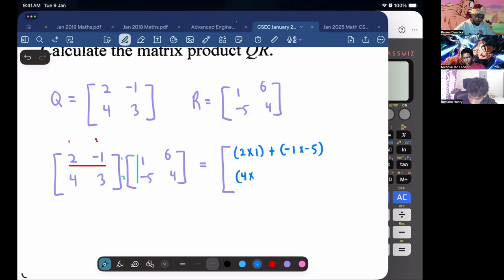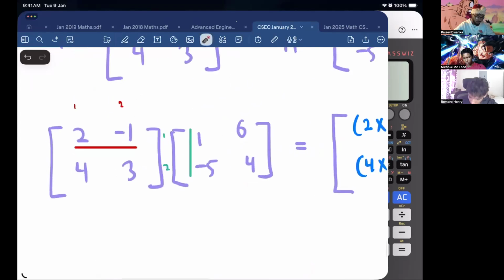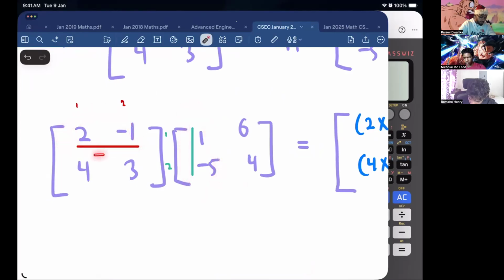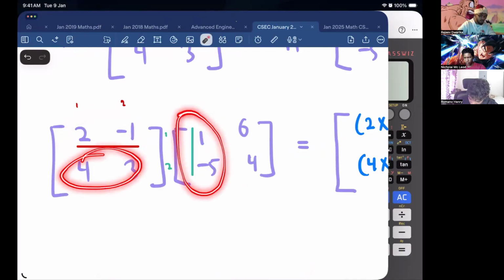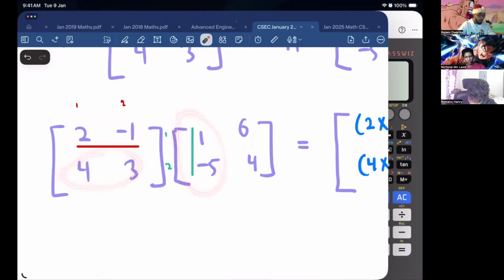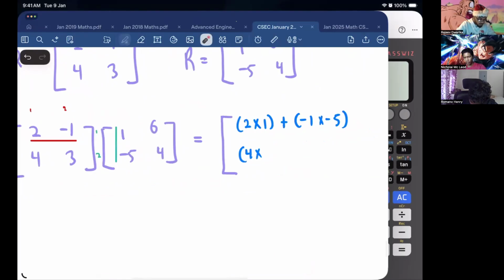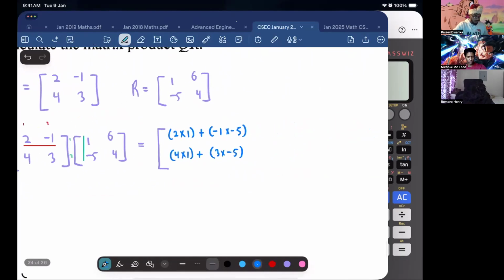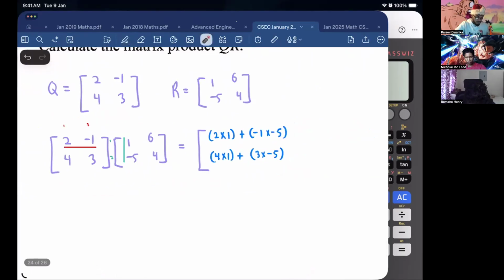So we multiply this by this, now we need to multiply this by this. Understand? So it's going to be 4 by 1, plus 3 by -5. Nicholas, you understand how we did it for this, right?